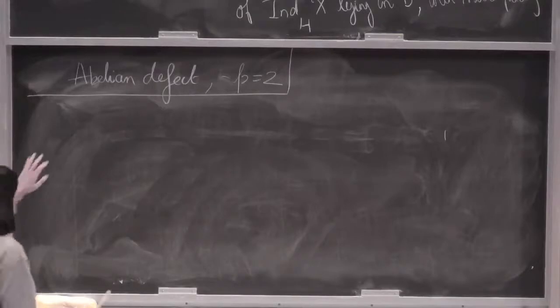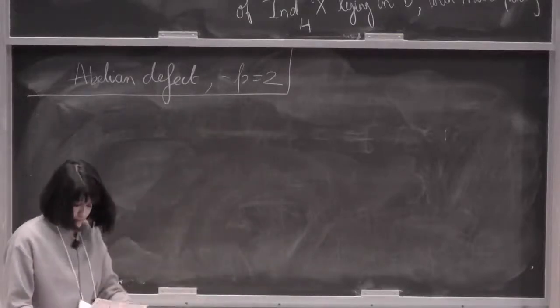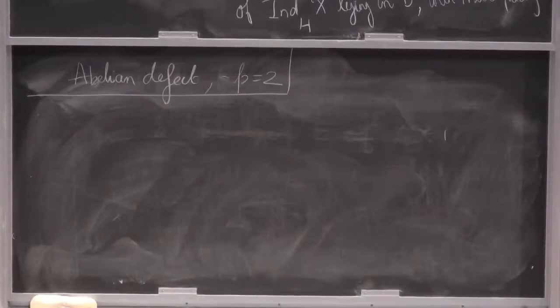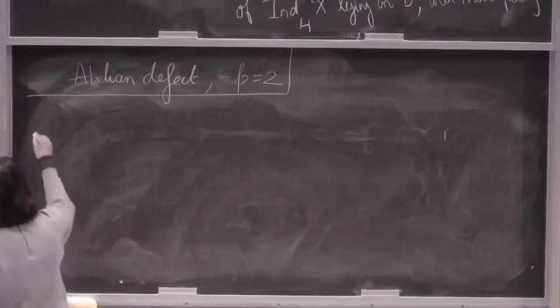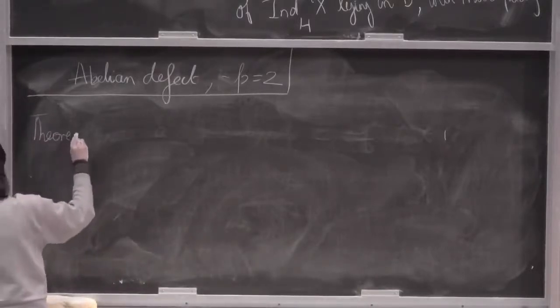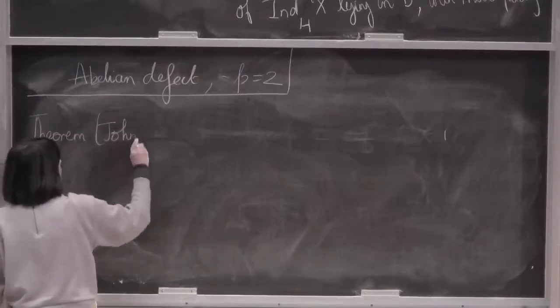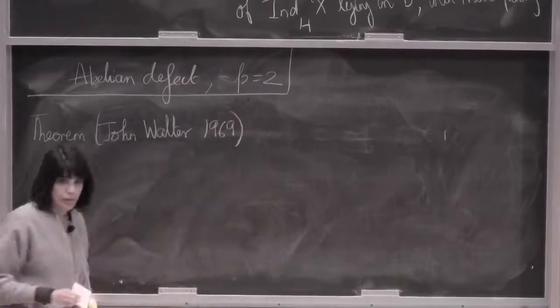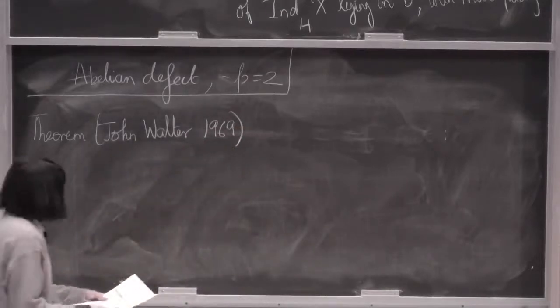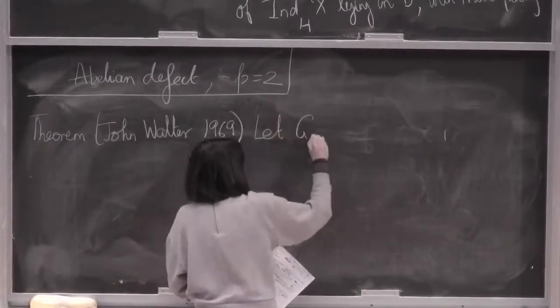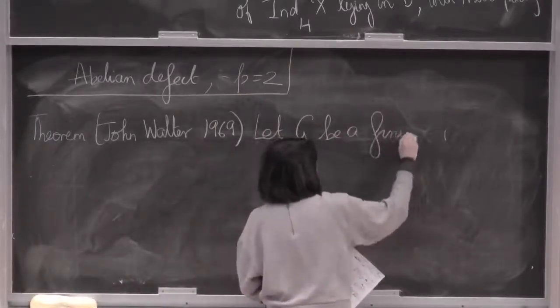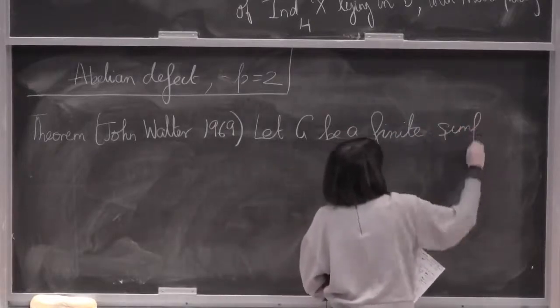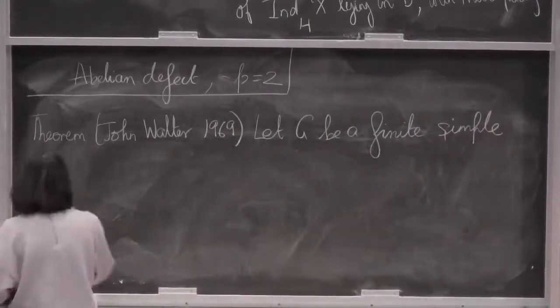So why is abelian and p equals 2 a significant situation? Well, I want to put down a classic theorem of John Walter from 1969. It says a bit more than this, but I will just say it so. Let G be a finite simple group.